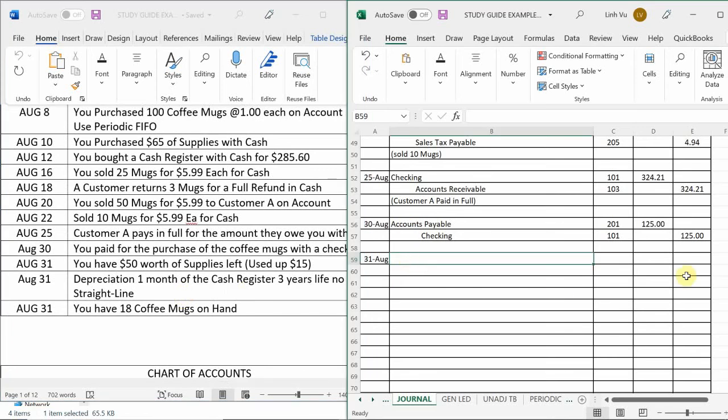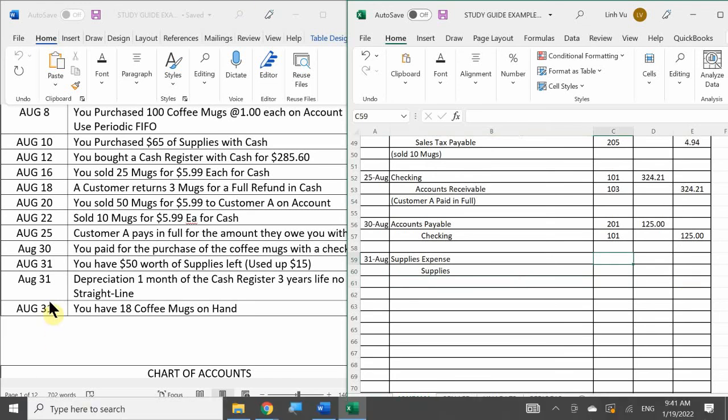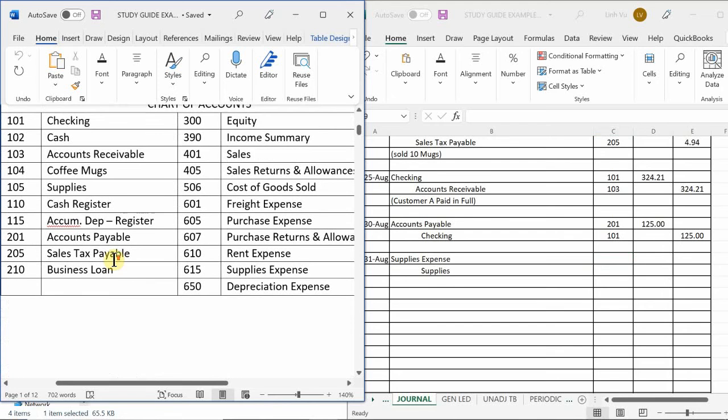Because in this case, we used the supplies and we need to adjust. That means in our supplies, we no longer have $65. We have 50 remaining. So again, supplies expense account is account number 615.